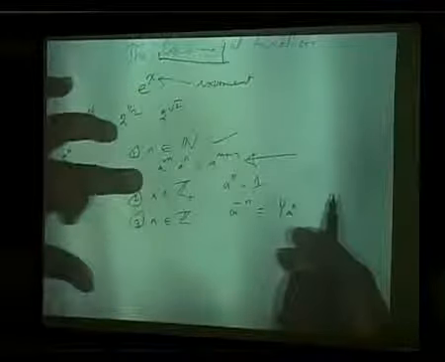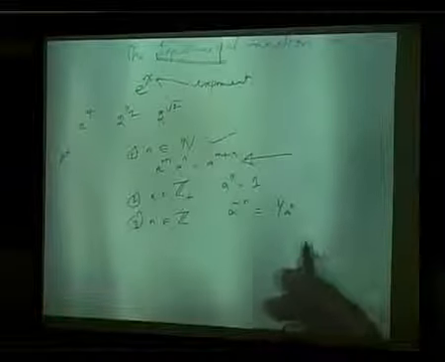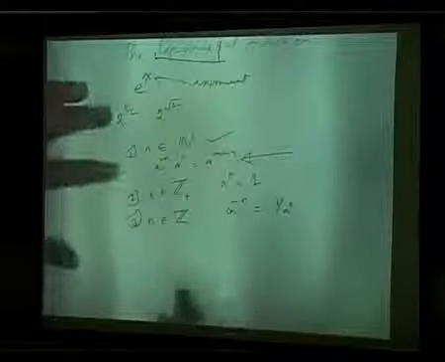If n is negative, then you will want to define a power n as 1 by a power minus n, so that this equation continues to hold. And then we see that yes, indeed this equation holds. We have successfully defined a power x for all integers x, not just for positive integers.